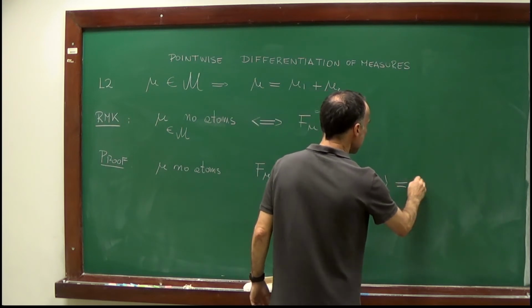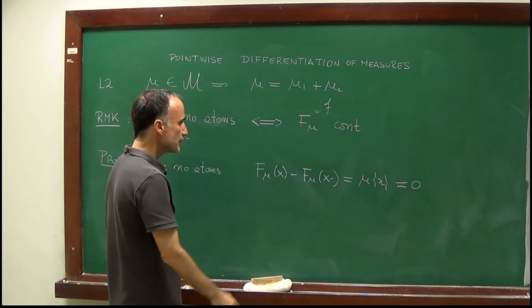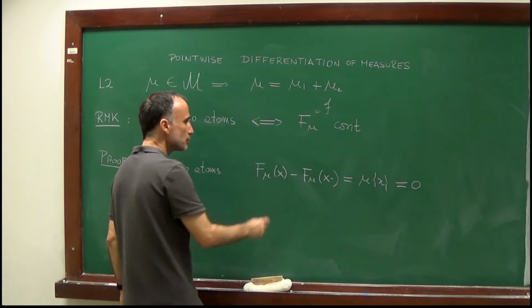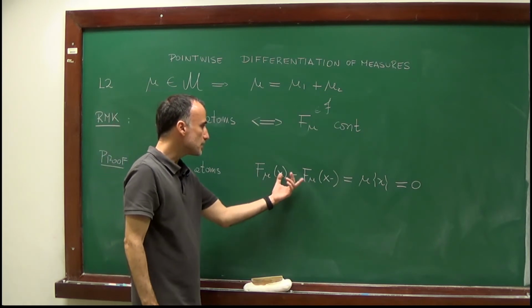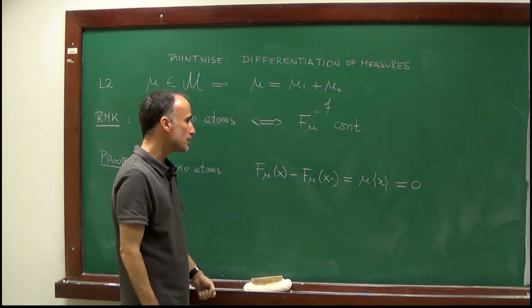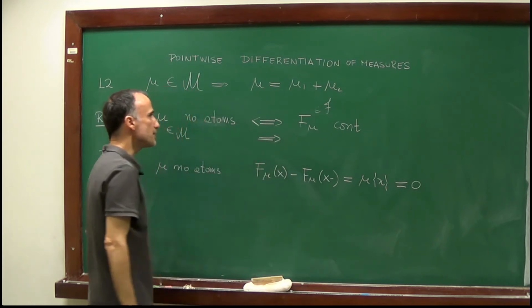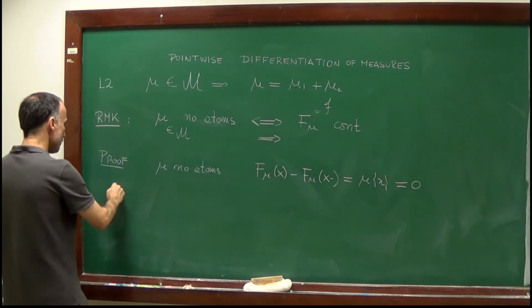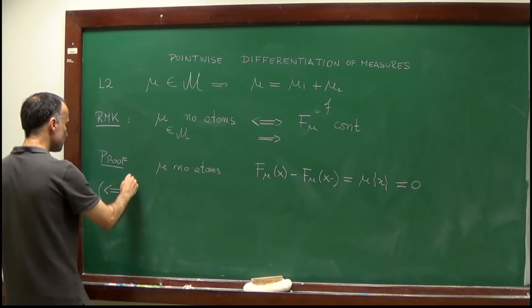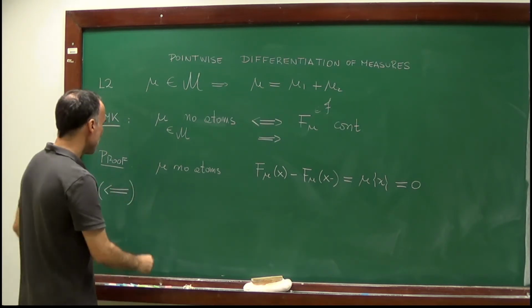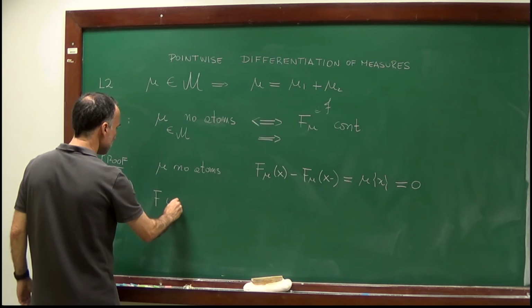Well, but since mu has no atoms, this is 0. This means that the left limit is equal to the right limit, and since f is monotone, this means that f is continuous. So this proves this direction. And for the other direction, well, suppose that f is continuous.